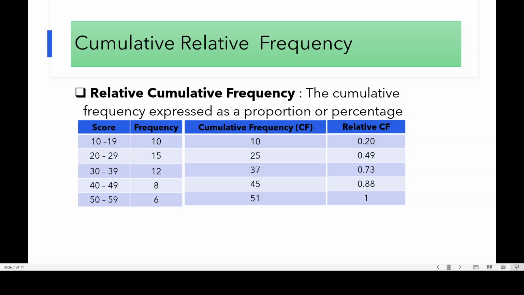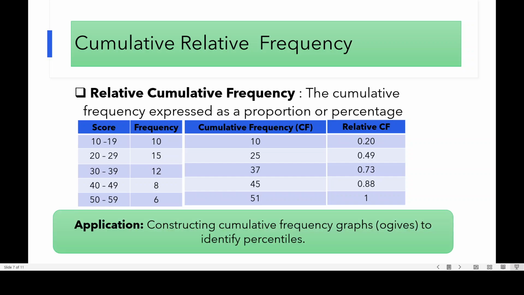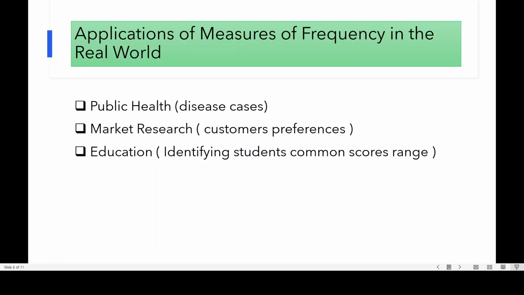Again, we are dividing by the total frequency. For the first group, relative frequency is 0.20. It means that 20% of students have a score from 10 to 19, and so on. It can be used with frequency graphs to identify percentiles.